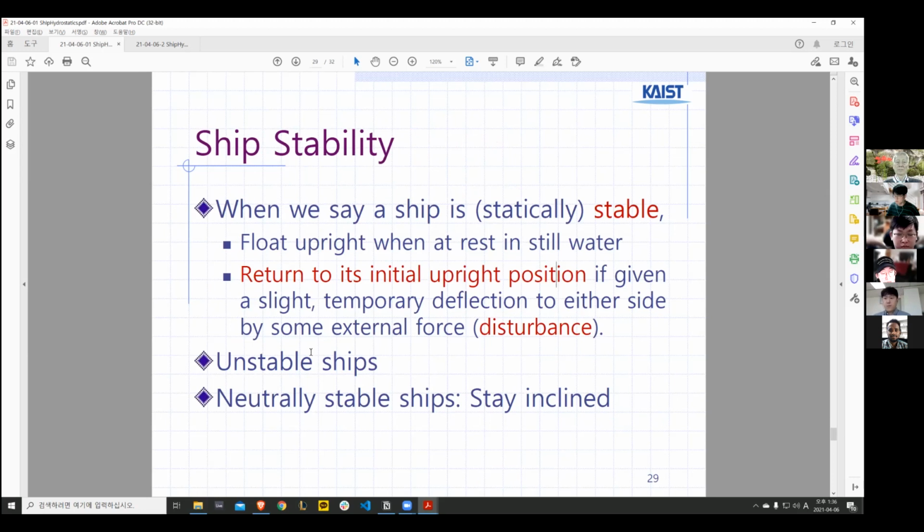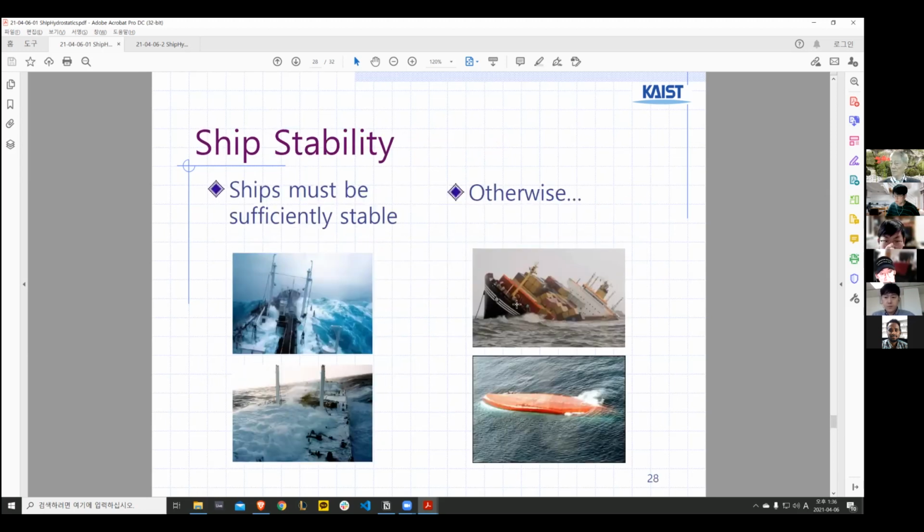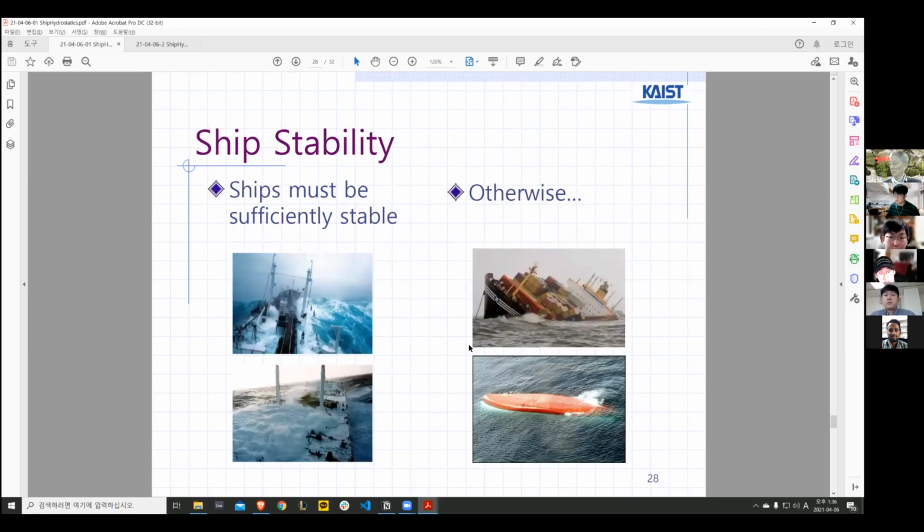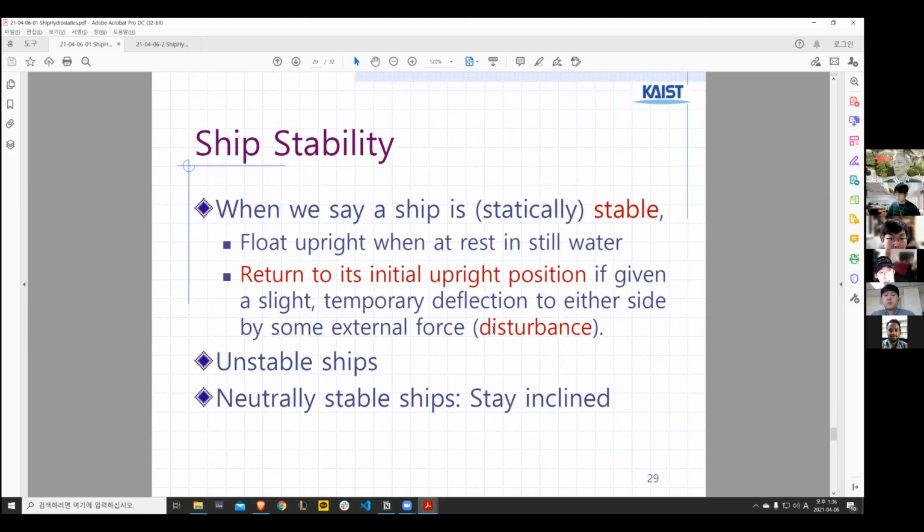And unstable ships keep moving in this tilted state, or even, in unstable ships, it gets overturned.